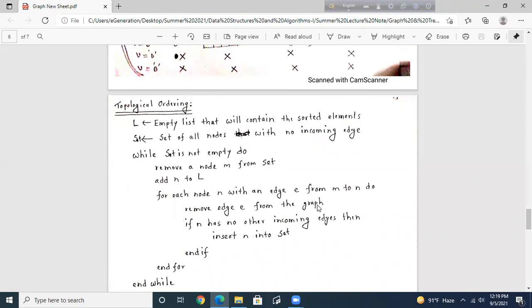After completing the prerequisite course, you select the main course. So it is mandatory to complete the prerequisite course first, then the main course. So here you have maintained the topological order.